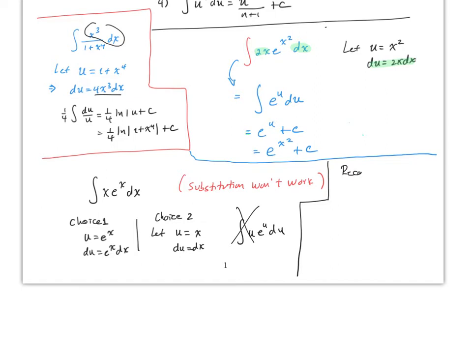So recall the product rule. The product rule says the following: the derivative with respect to x of f times g equals f prime g plus g prime f. If we work backwards from this formula, that's how we get integration by parts. So it's really nothing new.